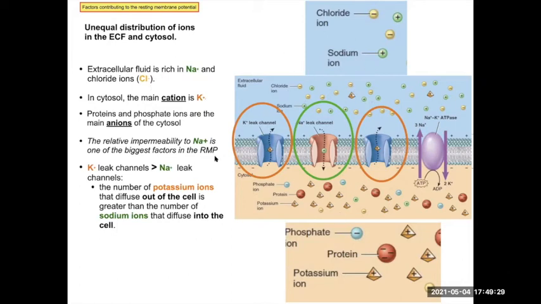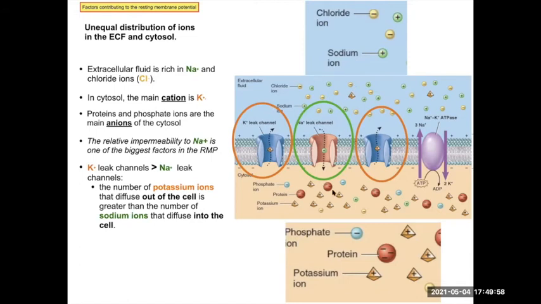On the inside of the cell, you have a lot of positively charged potassium ions. The main negative ones are going to be things like proteins and phosphate ions, things attached to phosphate ions, as we'll see in a second. But for these distributions of ions, one of the biggest factors is the relative impermeability to sodium. That is, there are not so many sodium channels.